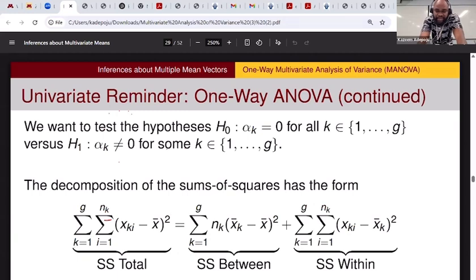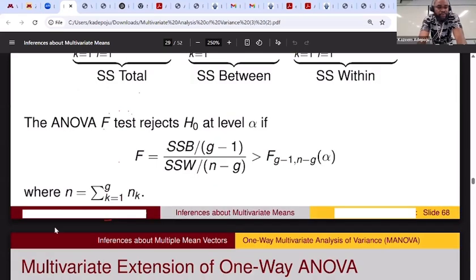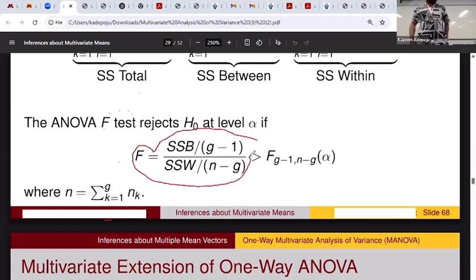Now let's take a look at this. What is the test statistic? The test statistic is the F test. In my work, I expanded that F test; I call it the exponentiated F test. So this is an F test.